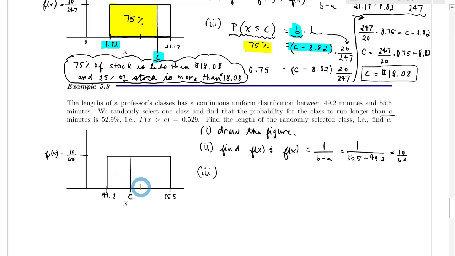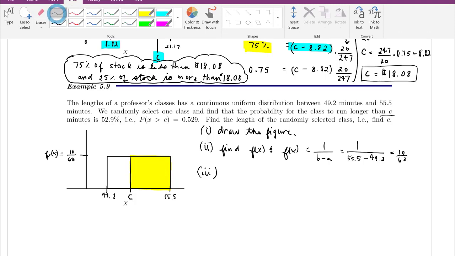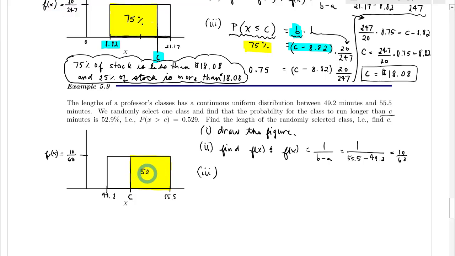Longer would be more minutes, so it would have to be to the right. And that area in there is going to be 52.9%. And if we wanted to subtract from 100%, we would know that this area over here is 47.1%, right? Okay, so it's essentially the same exact problem, but instead I was finding the right endpoint up here, and this time I'm finding the left endpoint.